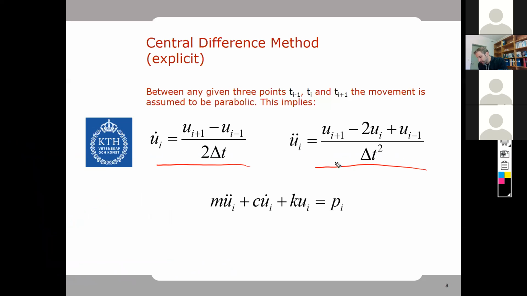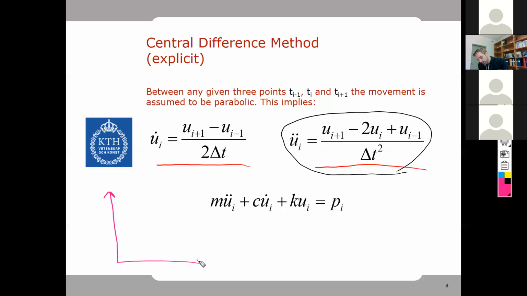What this other equation here is doing is something very similar, but it is for the acceleration, right? So if I were to draw the exact same graph, but this time for the speed, not for u, but the derivative of u over time, we're saying the same thing.